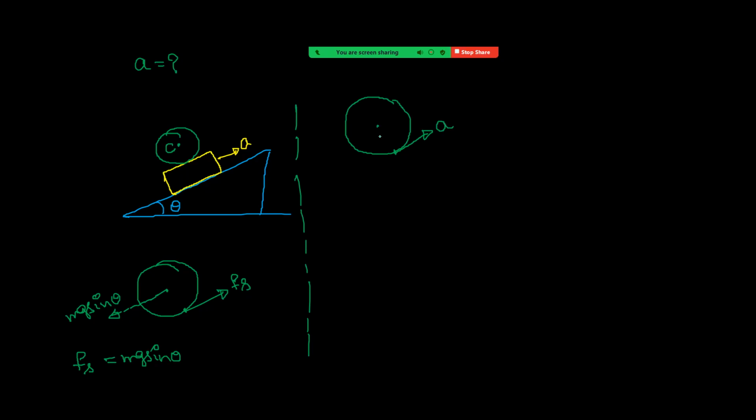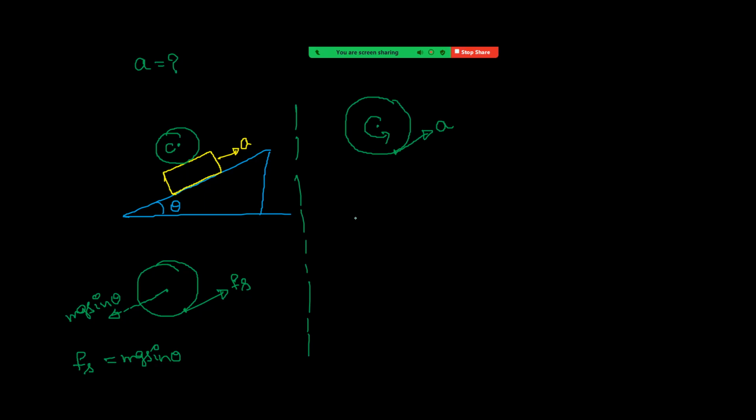Since the center of mass has no acceleration, the only possibility is that there must be acceleration because of rotation. Because of rotation, this bottommost point has acceleration, that is R into alpha.